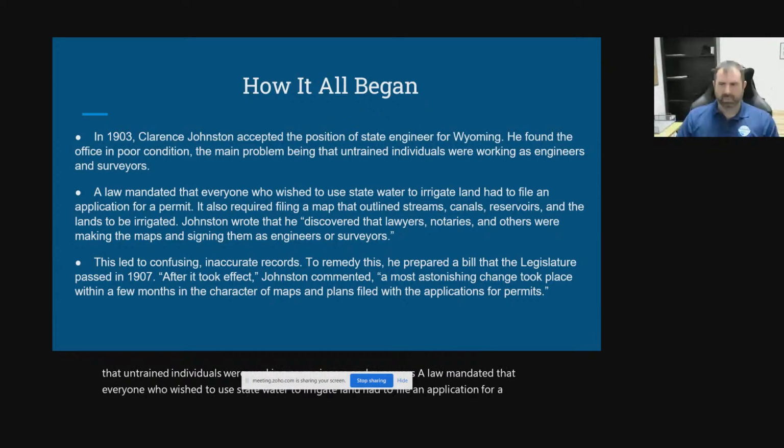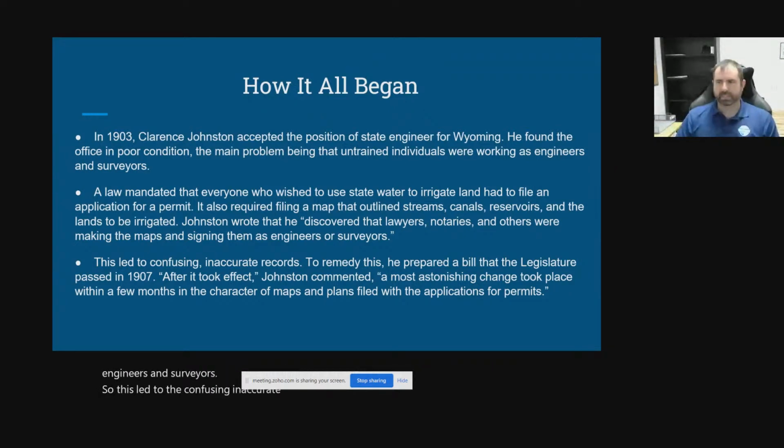It also required filing a map that outlined streams, canals, reservoirs, and lands to be irrigated. So Johnson wrote that he discovered that lawyers, notaries, and others were making the maps and signing them as engineers and surveyors. So this led to confusing, inaccurate records.